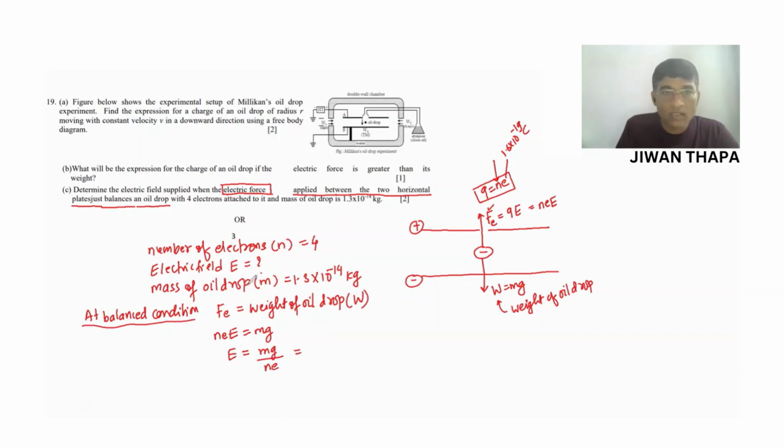M is the mass of the oil drop, and we have 1.3 × 10^-14, and g is 9.8 in SI, divided by N, and the number of electrons is 4, so N is 4, and small e is the charge on a single electron. So let's calculate this.